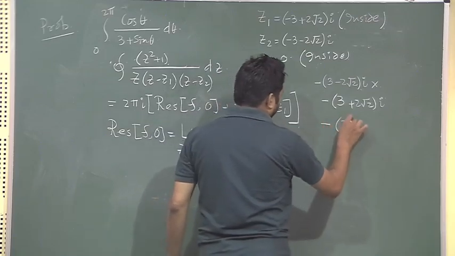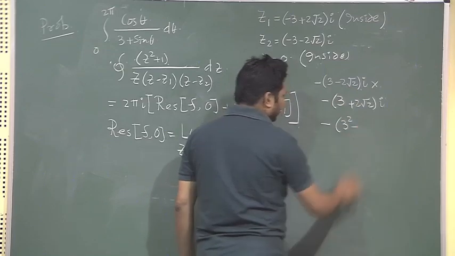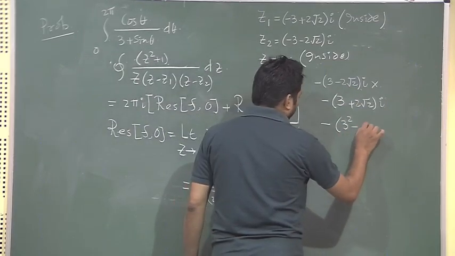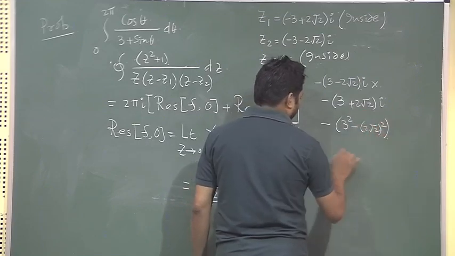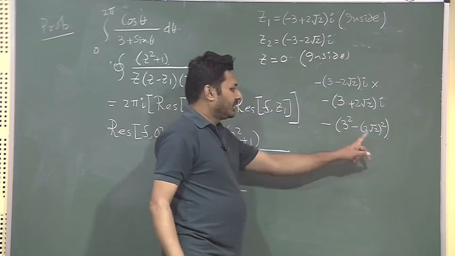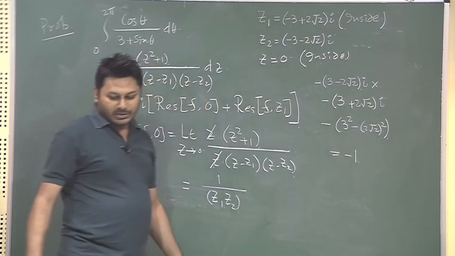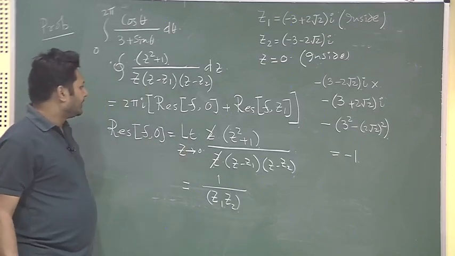So, it will be a plus b into a minus b, it is 3 square minus this square 2 root 2 square. So, which is 9 minus 8. So, it seems to be minus 1. So, the residue that I am getting here for z equal to 0 seems to be minus 1.